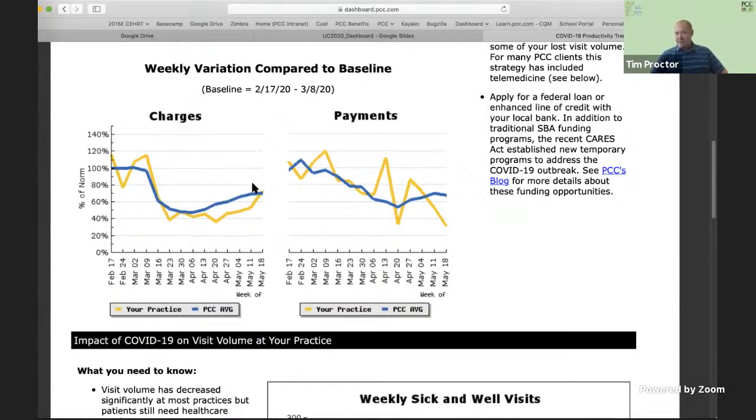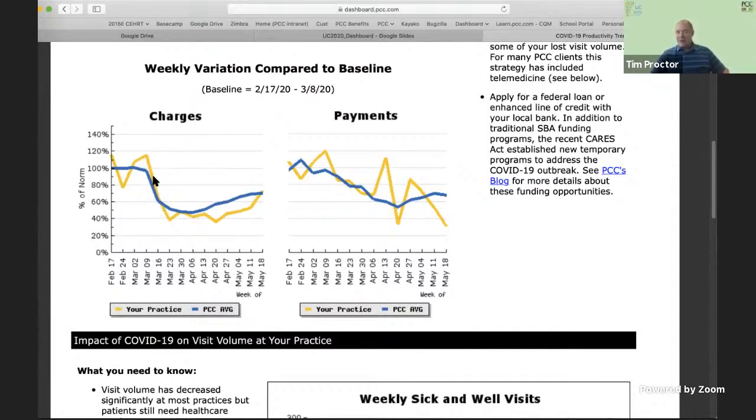So the blue lines on these graphs are giving you an indication of where other PCC practices are. One of the reasons why we put this out there is to make sure everybody knows that you're not alone with this. Every practice is really seeing a big drop in charges and payments as patients are staying home and not coming to the office as much.